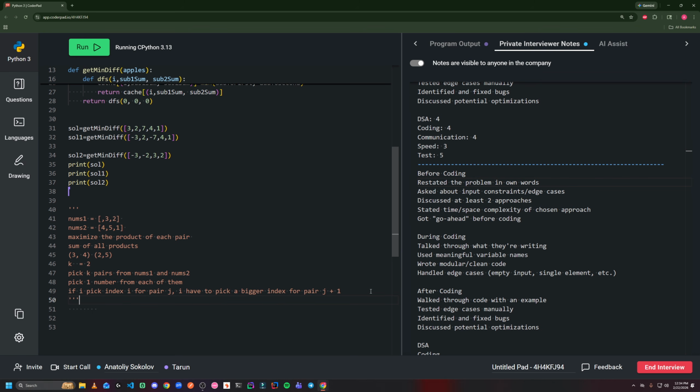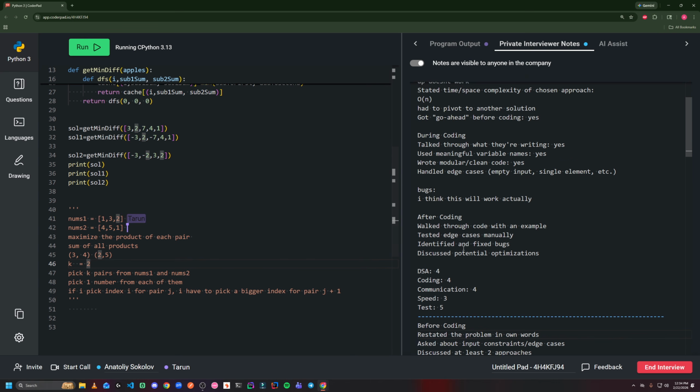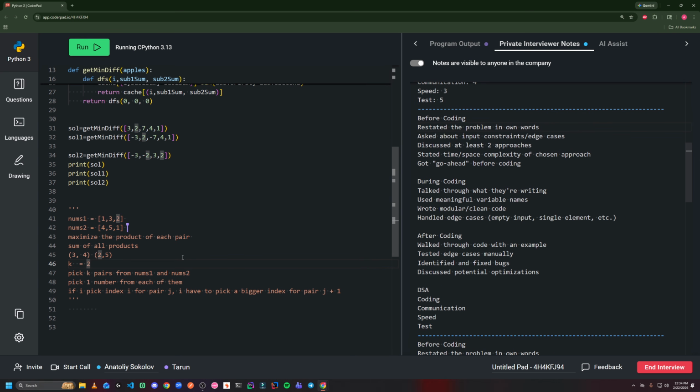Okay, so I just want to check from the above example. We are given two integer arrays, nums1 and nums2, maximize the product of each pair. So here the size of nums1 and nums2 are equal? No, they don't have to be equal.